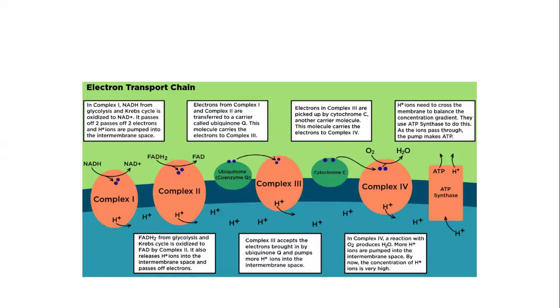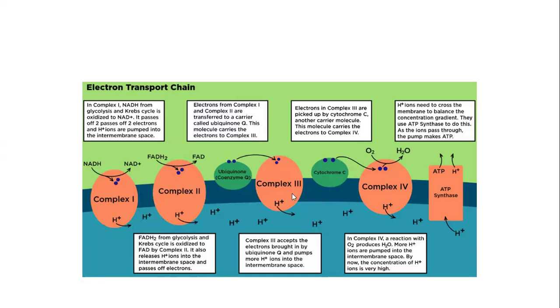So in a nutshell, the electron transport chain is there to generate a gradient that will be used by ATP synthase, and ATP synthase will then produce your ATP, right?